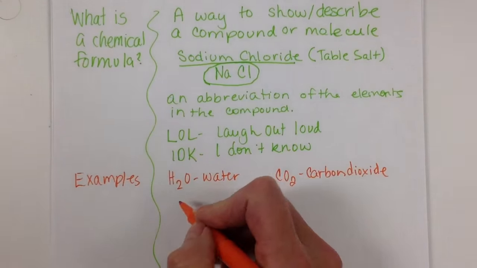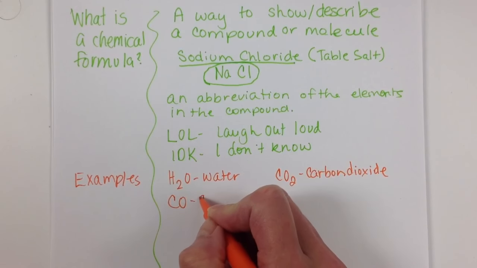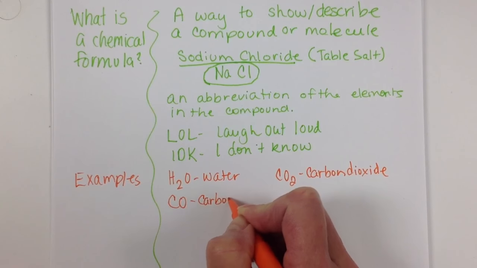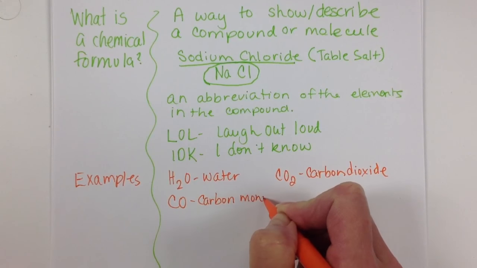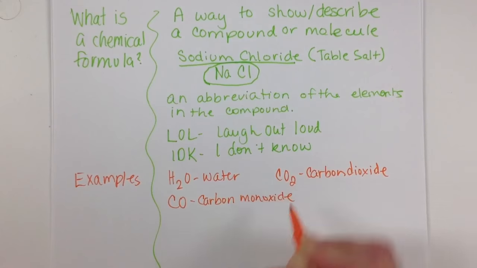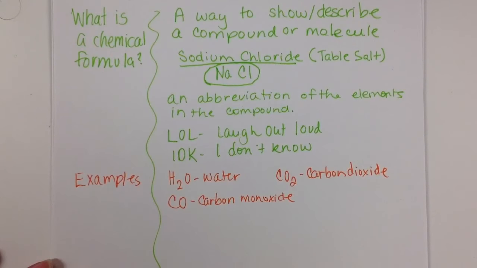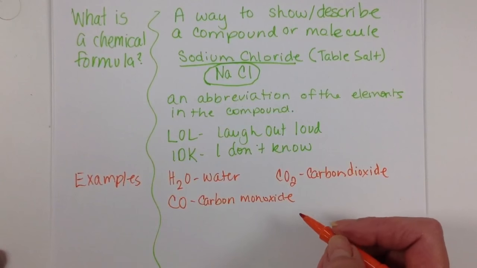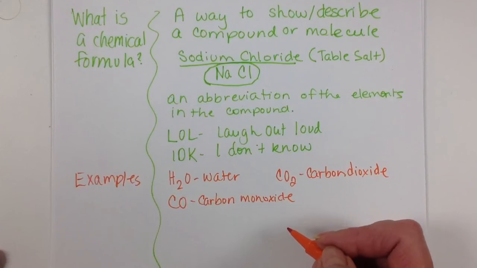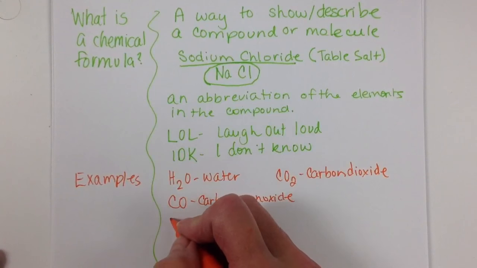You all know probably CO for carbon monoxide. And of course you know NaCl for table salt. I know you know of rust. That happens when iron comes in contact with oxygen.